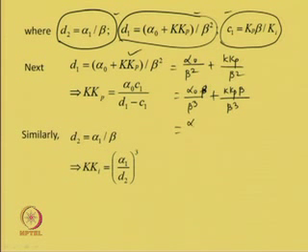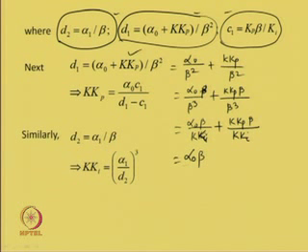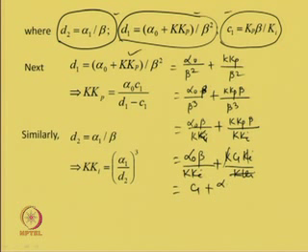So, substitution of k Ki will give you alpha0 beta upon k Ki plus k Kp beta upon k Ki. Again, Kp beta is equal to C1 Ki, so one can write k C1 Ki upon k Ki, and the k Ki cancels. This can be written as C1 plus alpha0 beta upon k Ki.